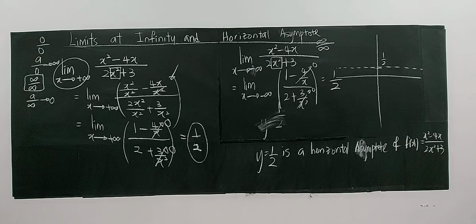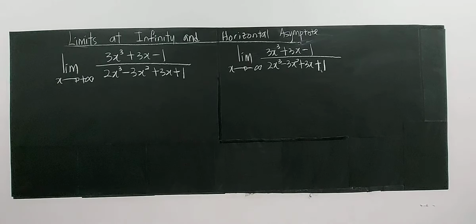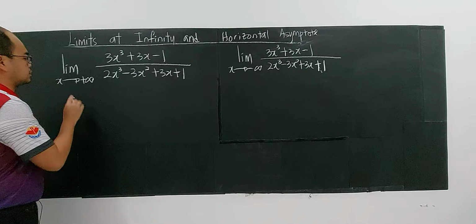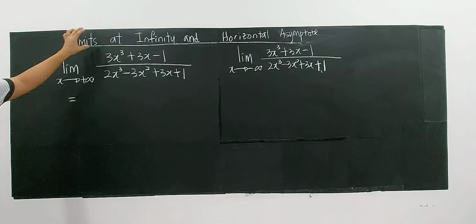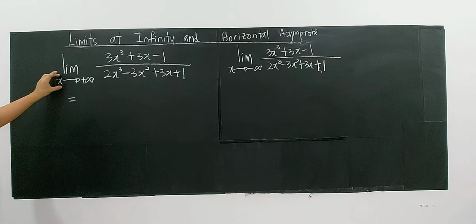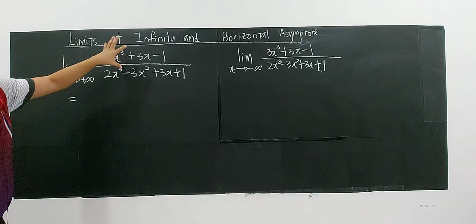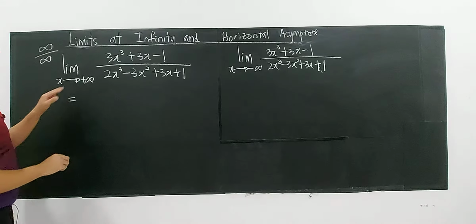We go for one more example. This is another example you can try first before you look at my solution. Limits at infinity means x goes to infinity. Infinity cubed is a very big number, so it's a case of infinity divided by infinity.